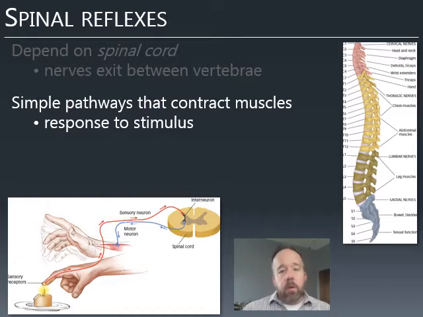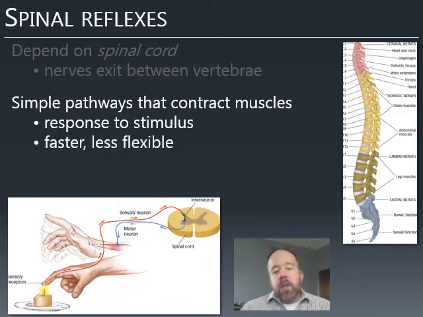But if it's a simple amount of pain, or the sensation that perhaps a muscle is about to get stretched too much, or your joint is out of position, these are all simple stimuli. And so that simple stimulus is carried via a sensory neuron to the spinal cord. And that spinal cord, the interneurons in it, will then relay the information to a motor neuron, which then causes a simple response.